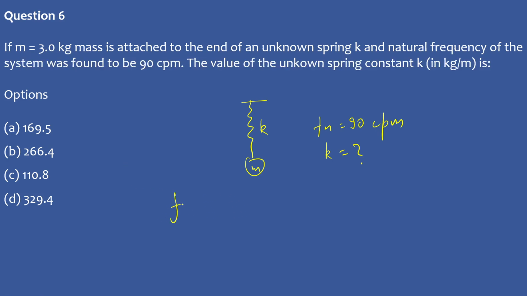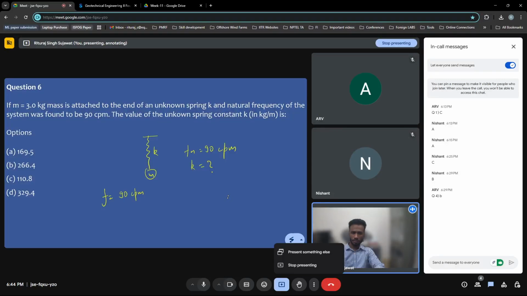So your frequency is basically given by 90 CPM. Yeah, you can try this question.